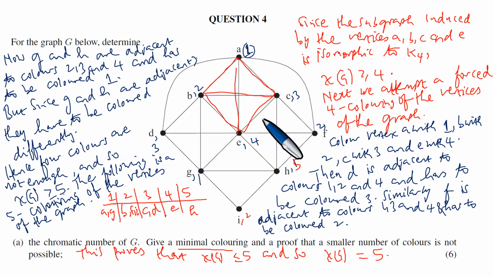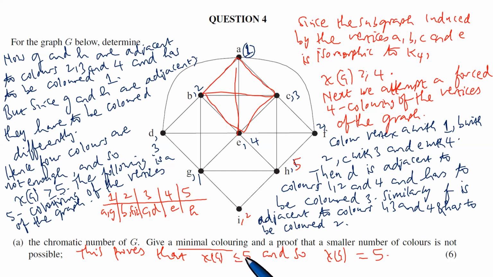Okay, so in other words, 4 is the minimum. And now you have to give a minimal coloring, and prove that a smaller number of colors is not possible. Obviously, we have proven that you cannot have fewer than 4 colors, and the number of colors is actually 5 there. Okay, we continue.